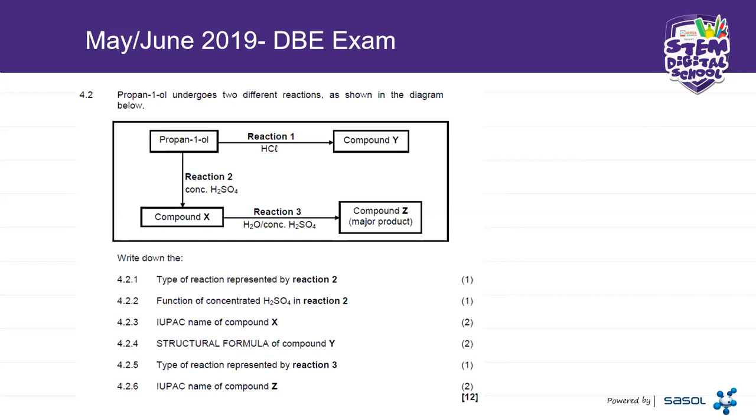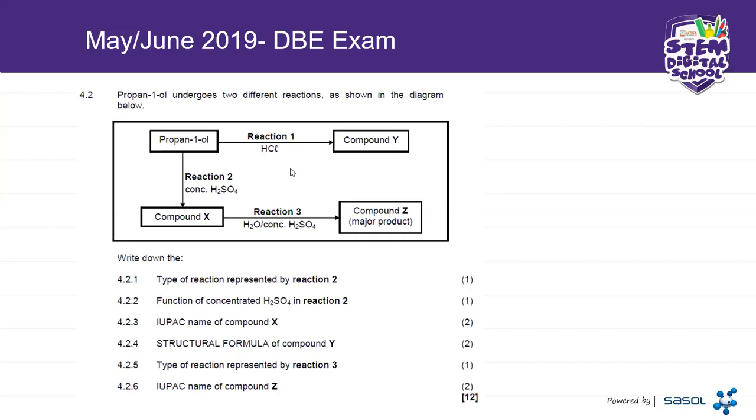Okay. So we already know the first propanol. So propanol is going to have 3 C's, right? And on the first one, which could be either at the beginning or at the end, will have an OH, okay? So it's a propanol. It undergoes 2 different reactions as shown in the diagram, okay?